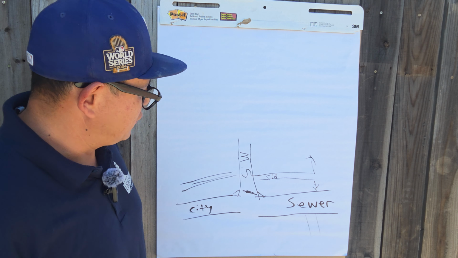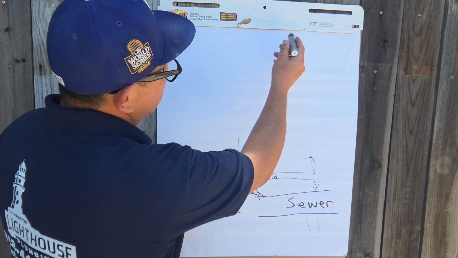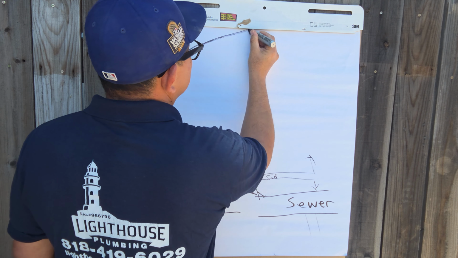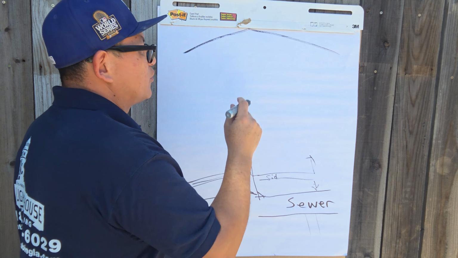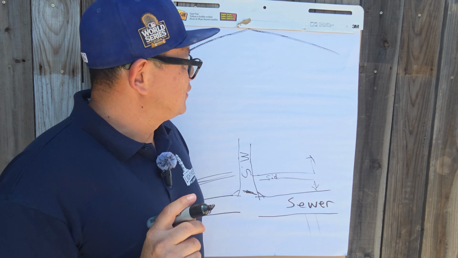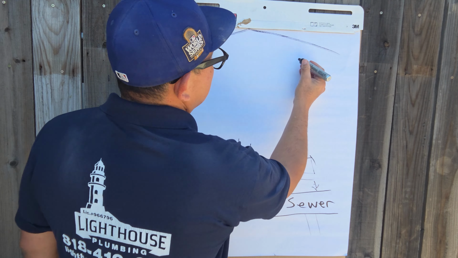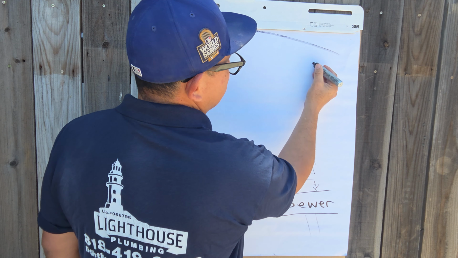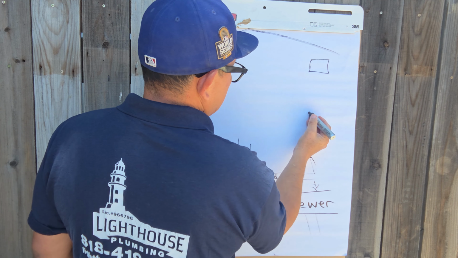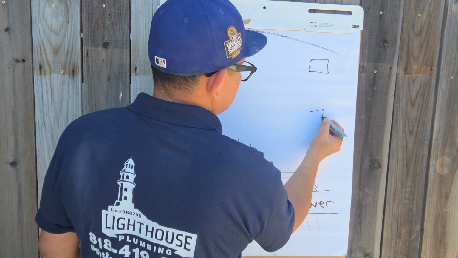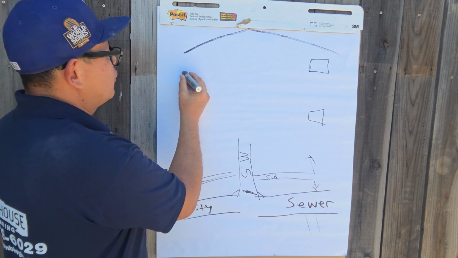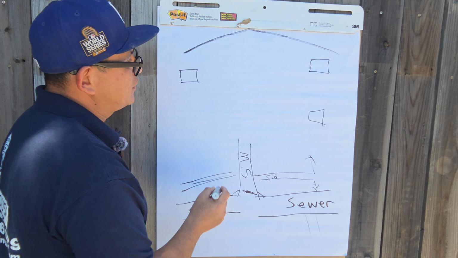Now, this is where the fun starts. This is your house right here. I'm just drawing a rooftop. But let's say you live in a house where you have 3 bathrooms. One bathroom is right here, one bathroom is right here, and you have a bathroom maybe across the hallway.